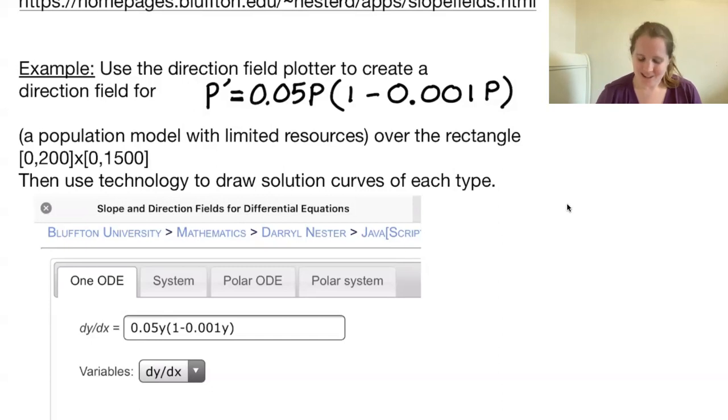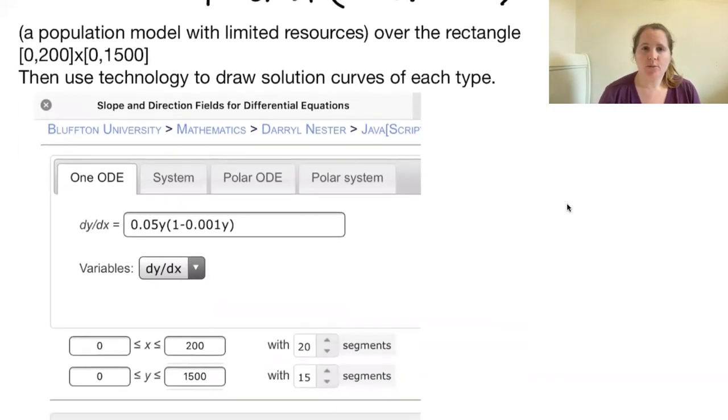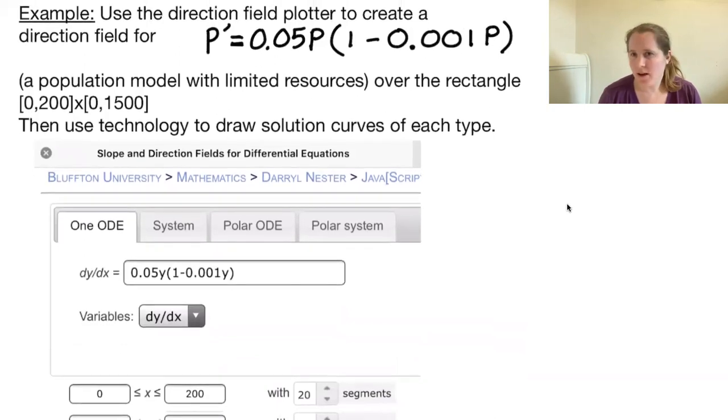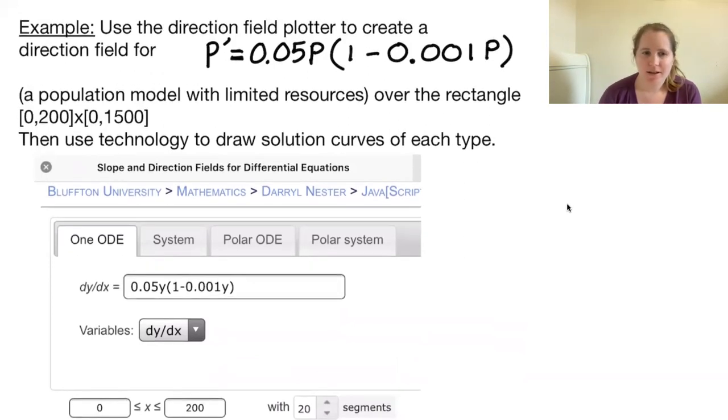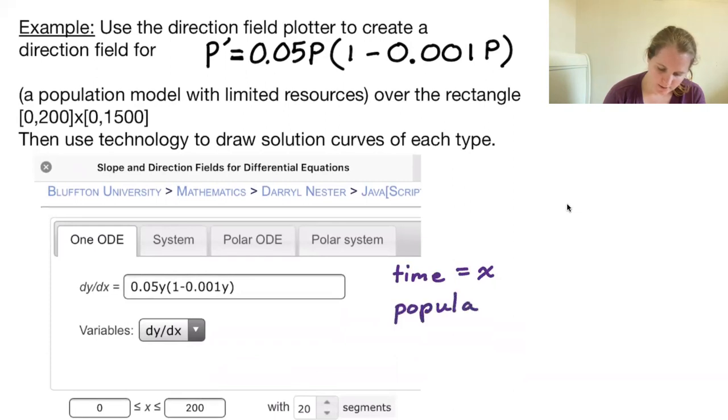Sorry about that. So again, here our direction field plotter only uses x and y, or sometimes you can use t and y, but it certainly does not use p. So in this case, our time is acting as our x and population is acting as our y.